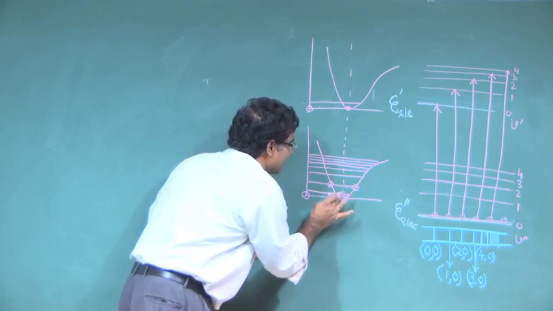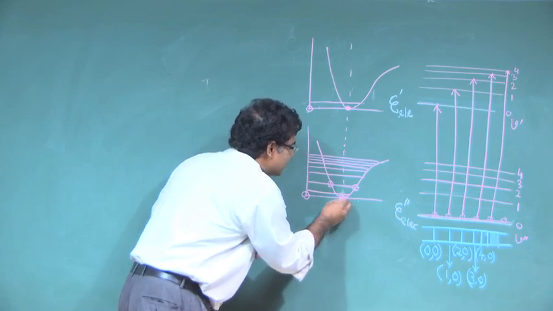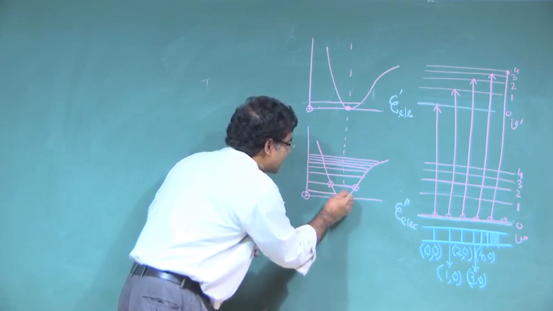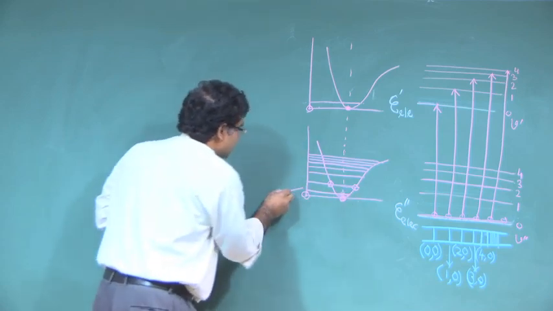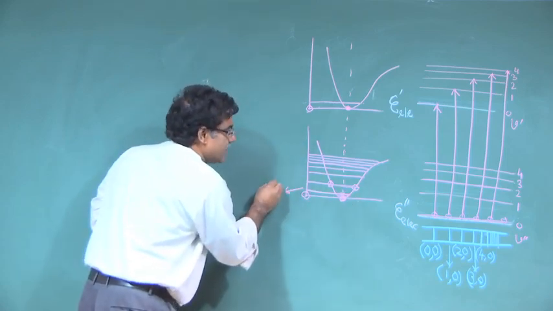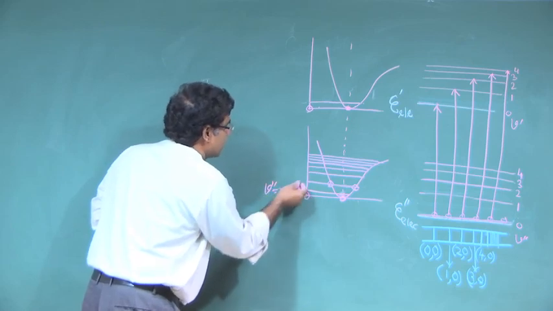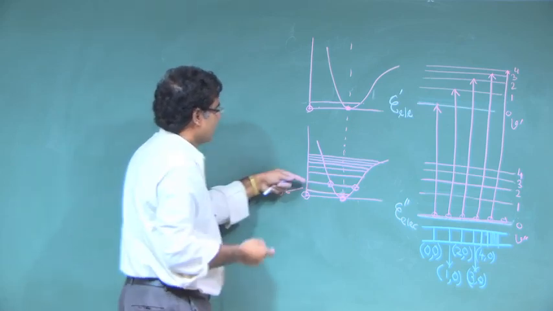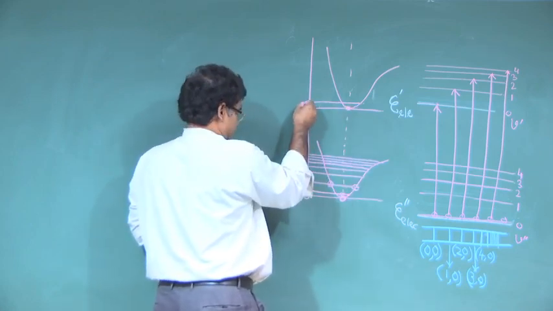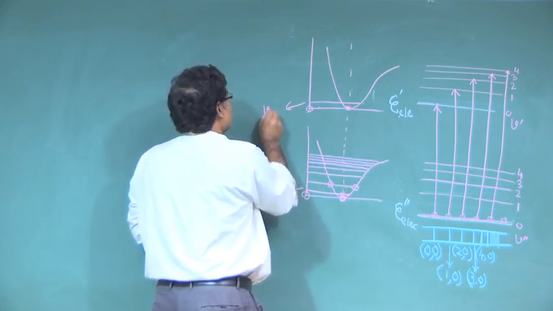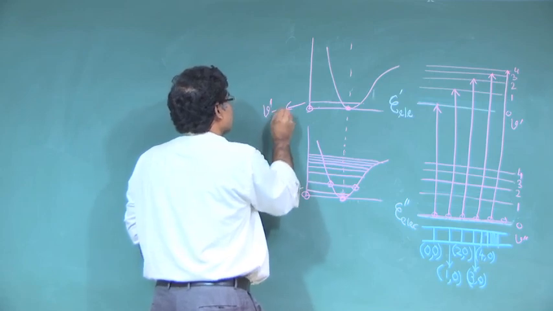So, that is why generally we write the energy here, basically. When the atom is here in this molecule, its energy state is this. Okay. So, that is V equal to 0, V double dash equal to 0, then 1, 2, 3. Here this one is V dash equal to 0.